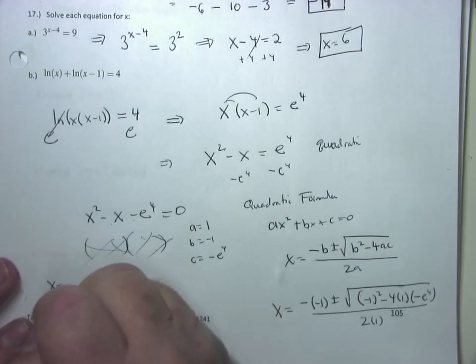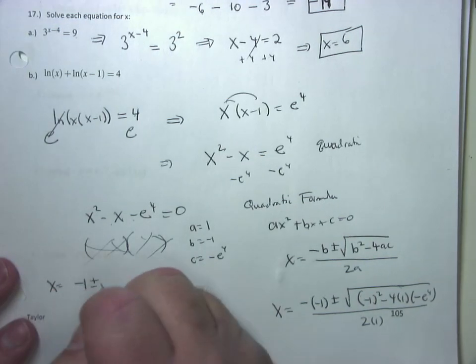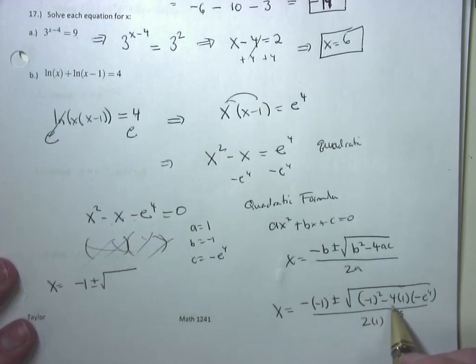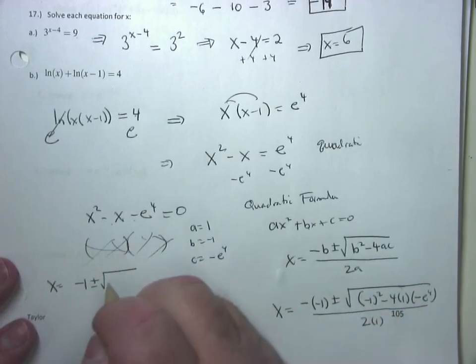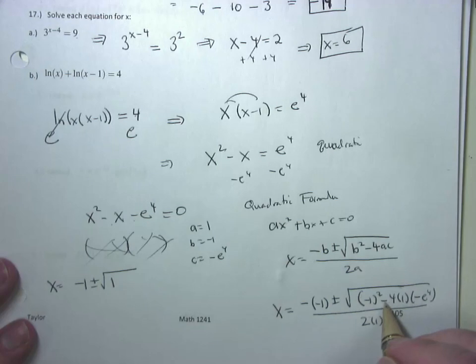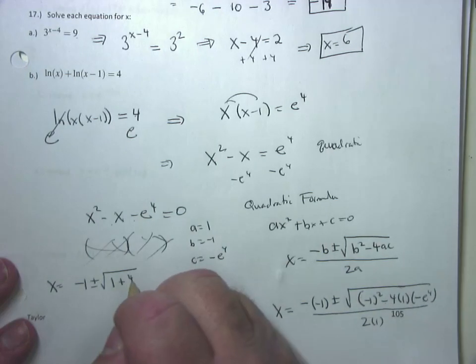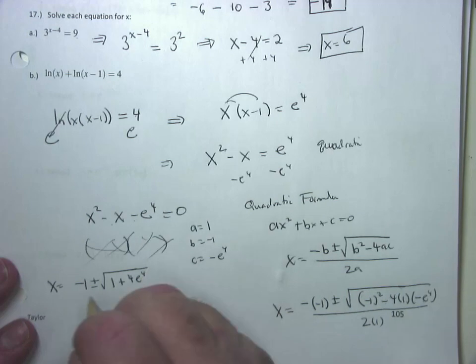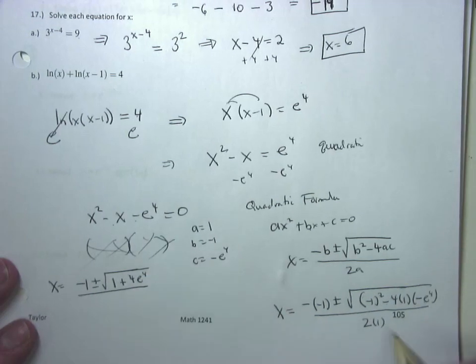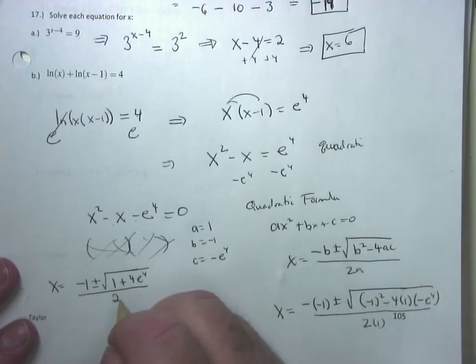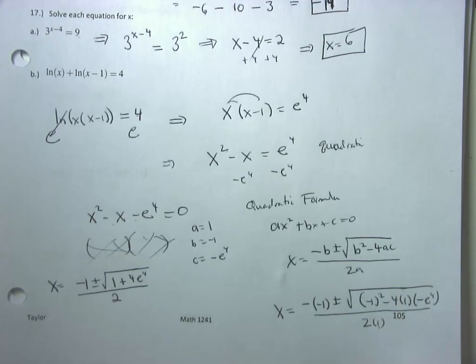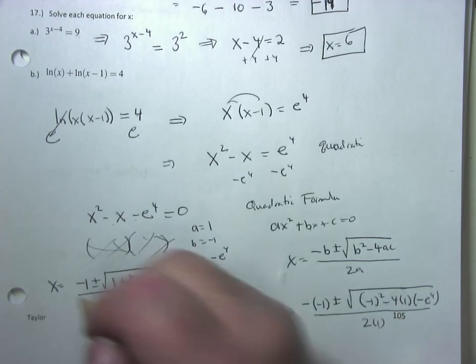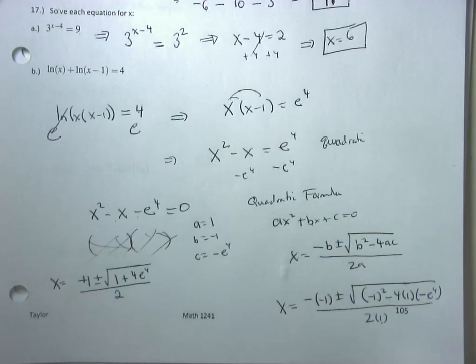So I get x is equal to negative 1 plus or minus the square root of, let's see here, negative 1 squared is 1. Negative 4 times 1 times negative e to the 4th, that gives you plus 4e to the 4th. Divided by 2 times 1, which is 2. Yes, it would be negative, negative 1. Positive 1. Thank you.